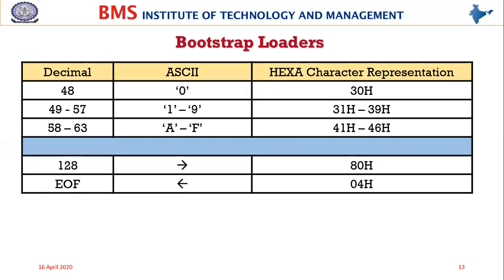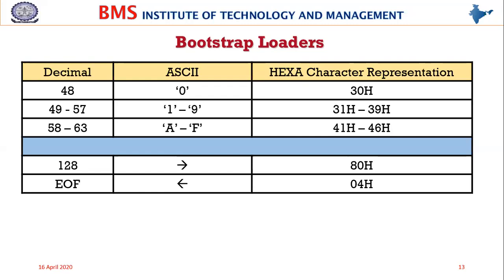Before going to that, we need to have these values or assumptions ready. The first is decimal value 48. How can I differentiate between decimal and hexadecimal? In your program, if some value is prefixed with a hash, meaning immediate addressing, we take it as a decimal value, and internally it means something else in hexadecimal.